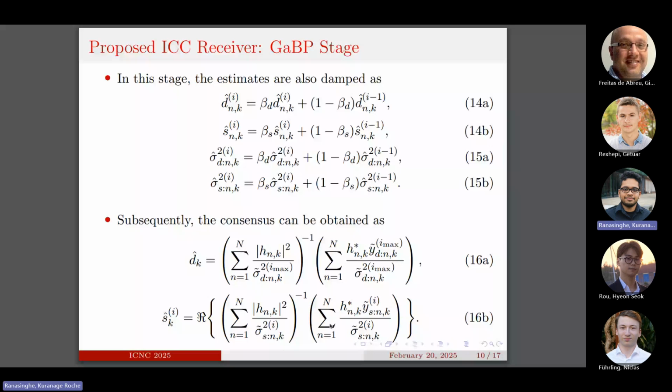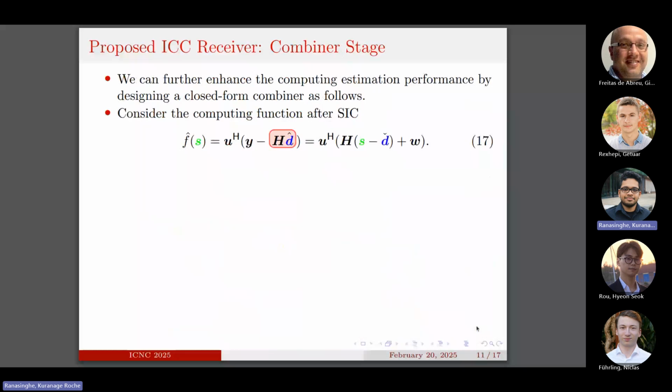And we can go one step further and enhance this receiver by designing a combiner for the computing stage. So consider equation 17 now, where we're saying that our f hat of s, so this is an estimate of our f of s that we want to compute, is going to be given by some combiner combined with some data symbols that we've already estimated.